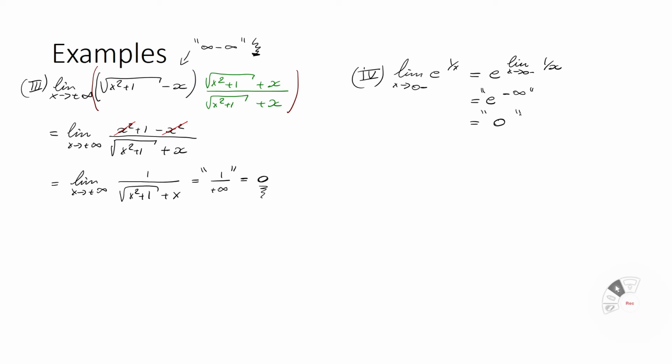So again, handy wavy steps, so let's do it a bit more formally. So here what we can do is rewrite 1 over x as t. So then this limit becomes e to the power t as t goes to minus infinity.